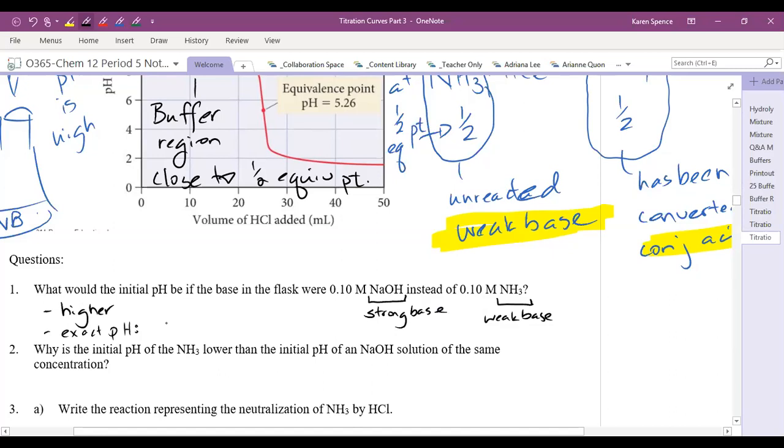Well, we know our concentration of OH is 0.1 molar, which is the same as 10 to the negative 1 molar.